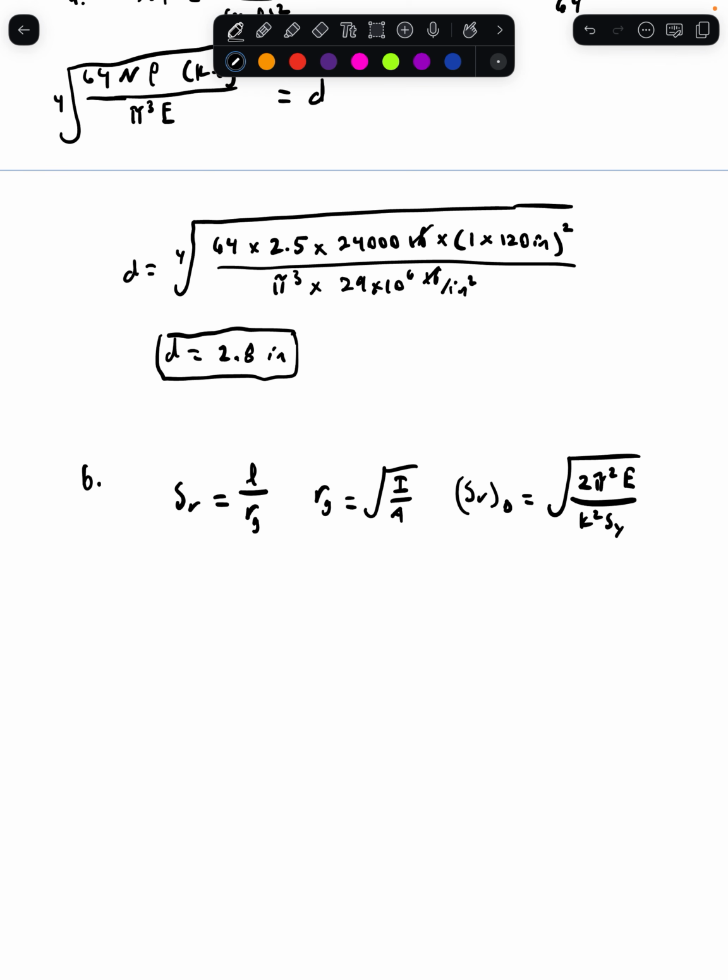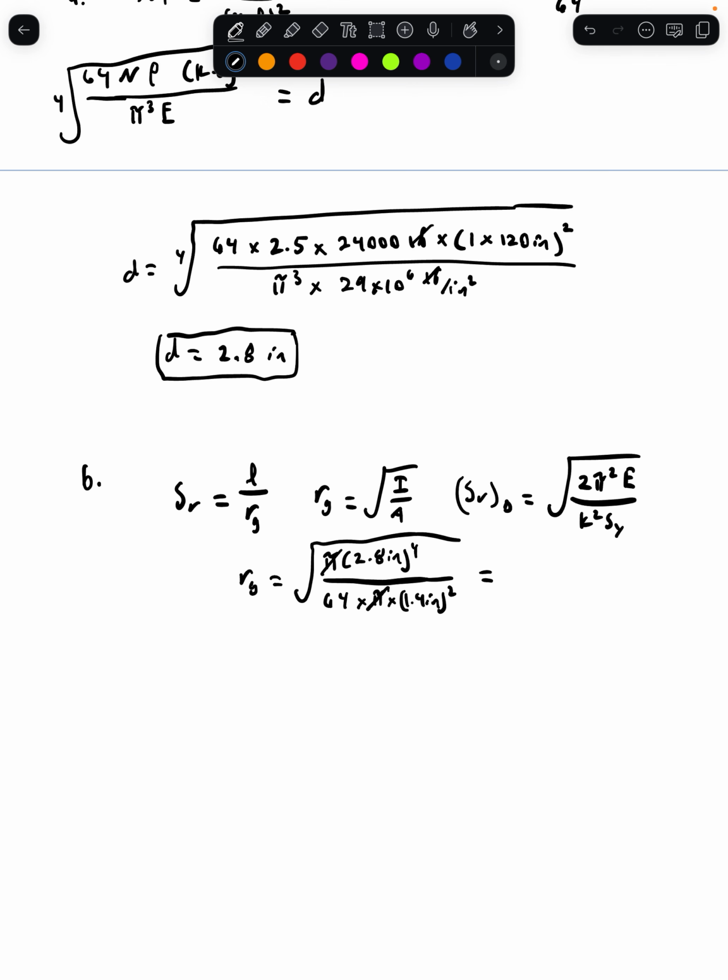So first, let's solve for radius of gyration. So we have pi times the diameter to the fourth, divided by 64 times area, which is pi times r squared. My pi's are going to cancel.